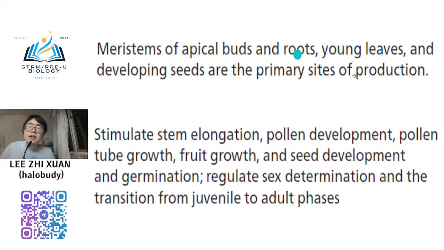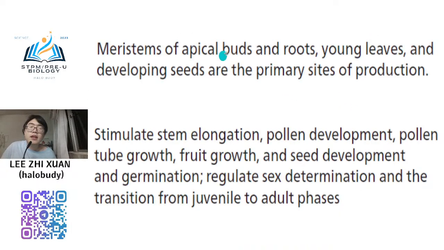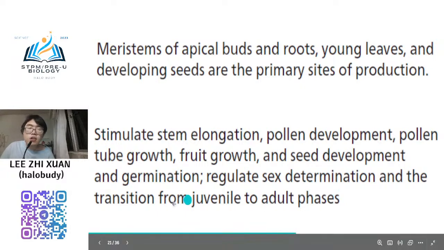So there are many sites of production. These are the primary sites of production. Normally these are the general functions. It can stimulate stem elongation, pollen development, pollen tube growth, fruit growth, seed development, germination, regulate sex determination, and transition from juvenile to adult phase.